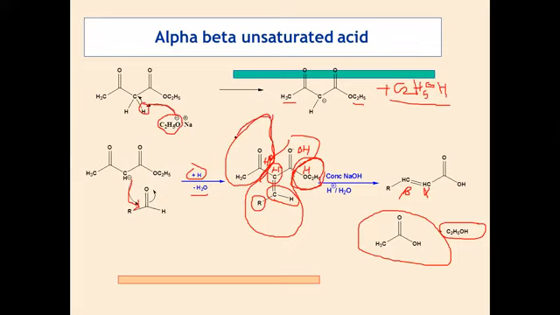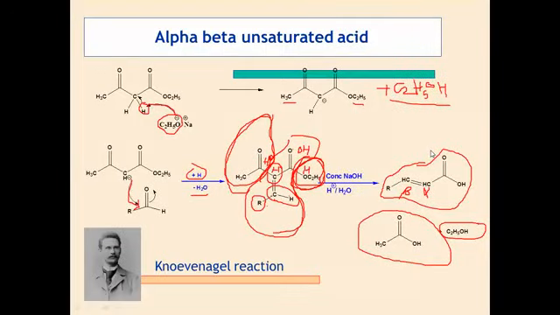Now this one is CH3COOH, this is the OH, this one is C2H5OH, and this one is CH double bond, COOH. So ये जो है ये है आपका main product. Now that is an alpha beta unsaturated acid.